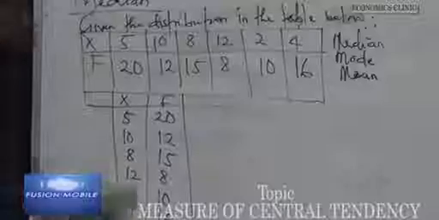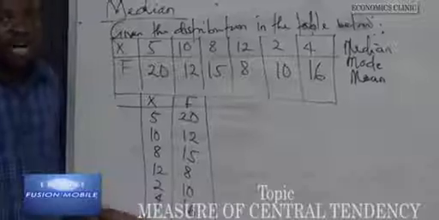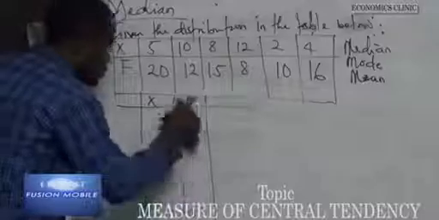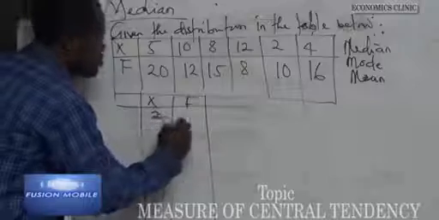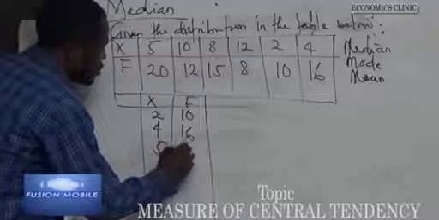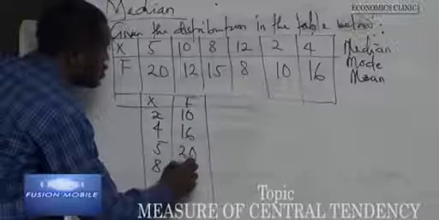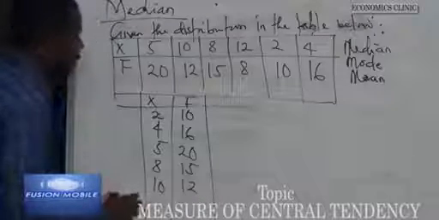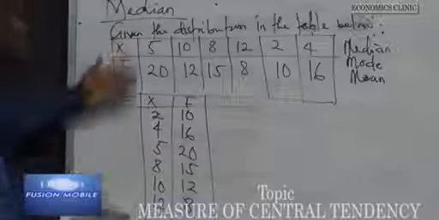Looking at this question, you can see that the values here are not arranged in an orderly manner. So we can present this in another way, where you have the list: 2 is equal to 10, 4 is 16, 5 is 20, 8 is 15, 10 is 12, and 12 is 8. I want to believe all these values are well represented here.